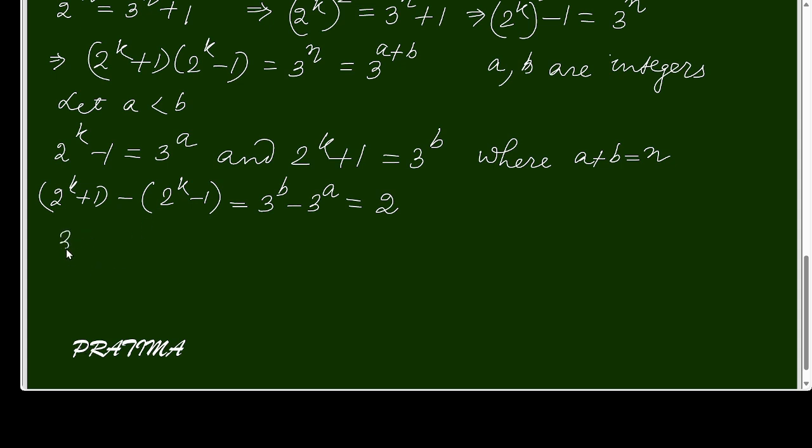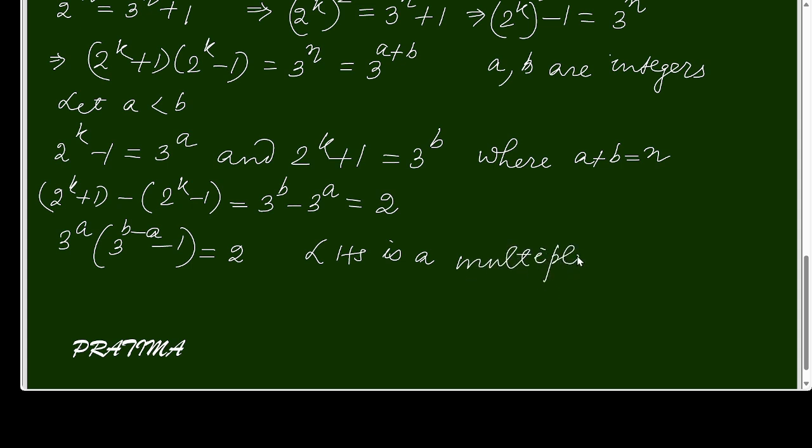But 3 to the power a, if I take common, then 3 to the power a into 3 to the power b minus a minus 1 equals to 2. So the left hand side, LHS, is a multiple of 3, whereas the RHS is a multiple of 2.